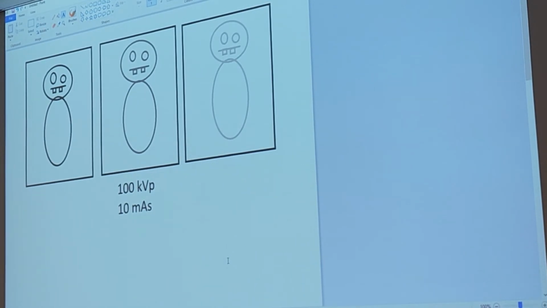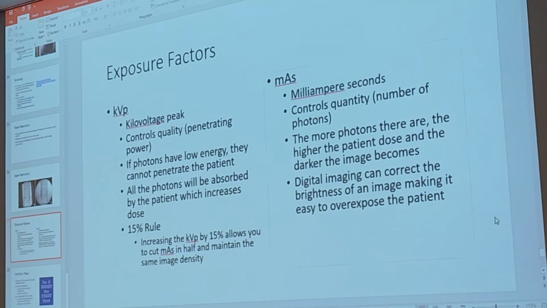So how do I reduce patient dose? Well, which of these two variables controls patient dose? Mass. All right, where do you see the words patient dose? Okay, so kVp, if the photons are absorbed by the patient, this increases dose.